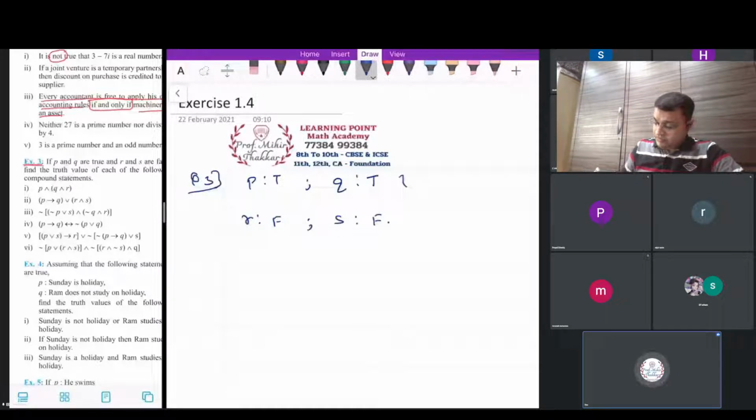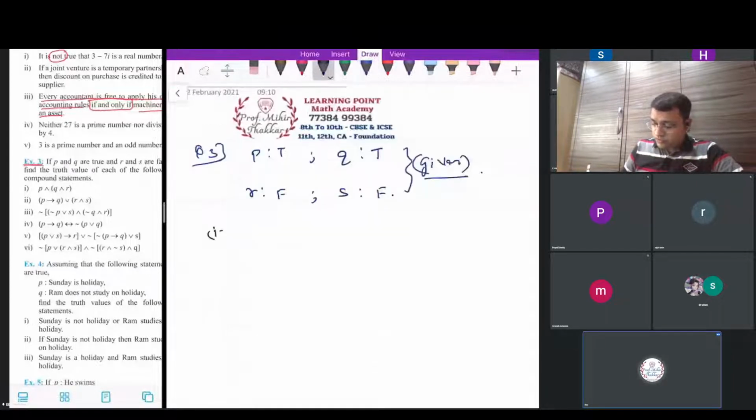So let me start with the first one. The first one says P and Q and R with a bracket over here. As I told you just now, we have to substitute the respective truth values in their places.